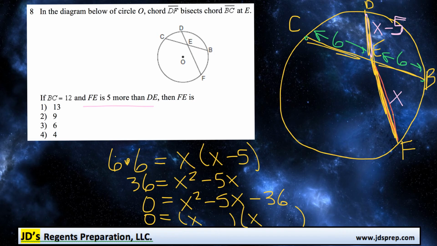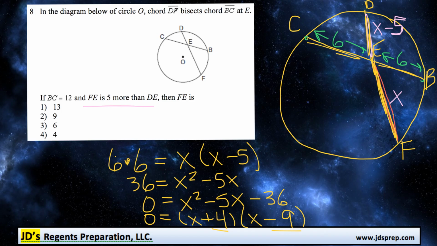So we're looking for two numbers that multiply to get us negative 36 and add to get us negative 5. So that would be a 9 and a 4. We would want the 9 to be negative and the 4 to be positive, because positive 4 minus 9 is negative 5, and positive 4 times negative 9 is negative 36.